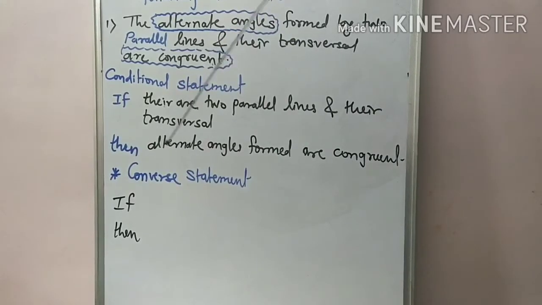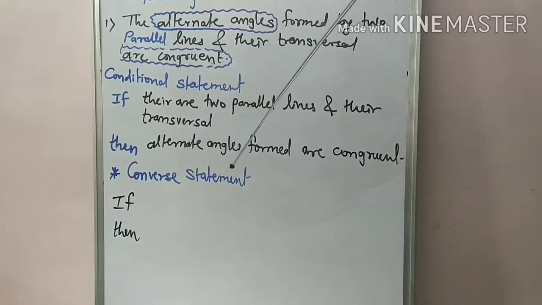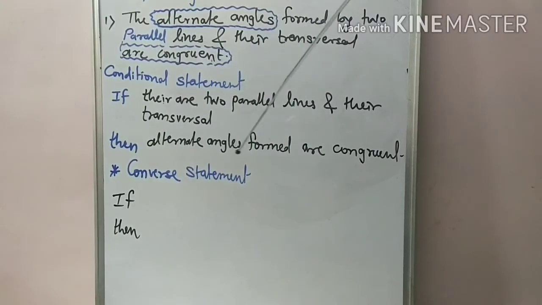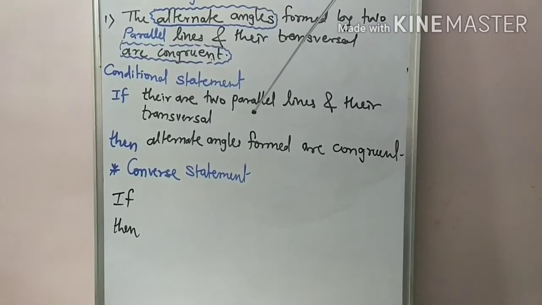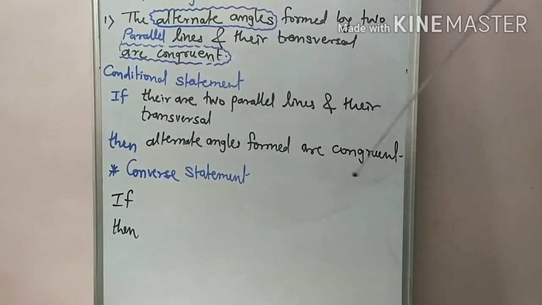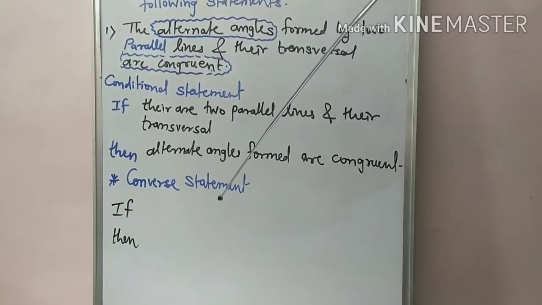We do not use the word parallel. Do you understand? Will alternate angles always form? No. If there are two lines and a transversal, then alternate angles form. So we write: if alternate angles formed by two lines and their transversal are congruent, then those two lines are parallel. This is its converse.